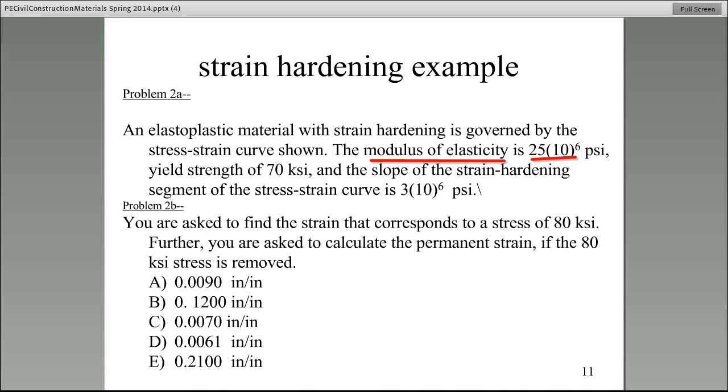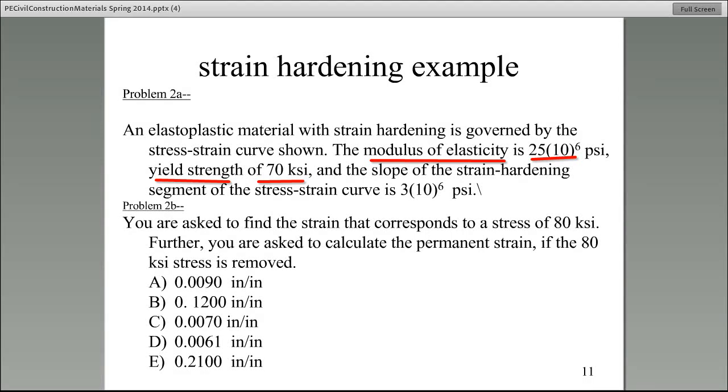In terms of the curve, what is that? That's E, and it is the slope of the initial part of the curve. 25 million is the slope of the initial part of the curve. They say yield strength happens at 70 KSI. That means the knee of the curve is at y equals 70 KSI. Make a note of that.